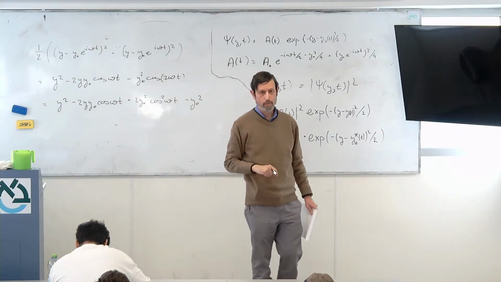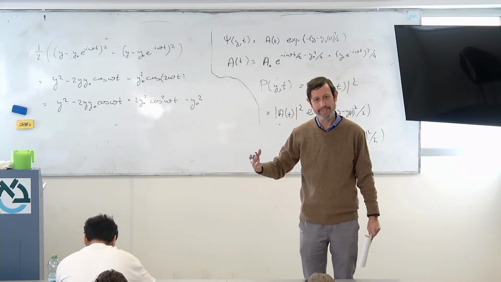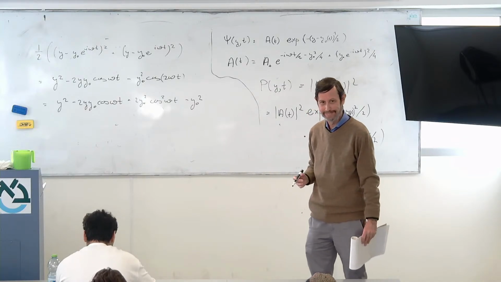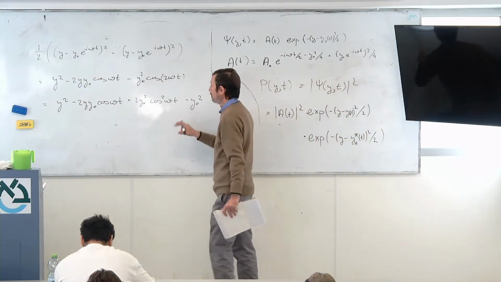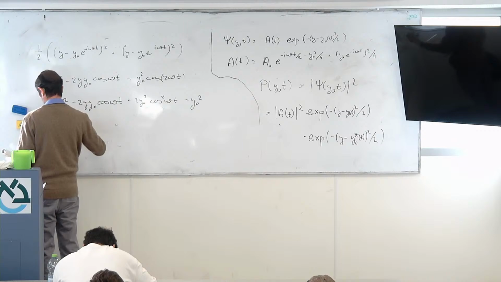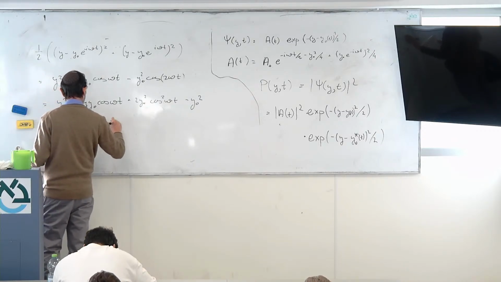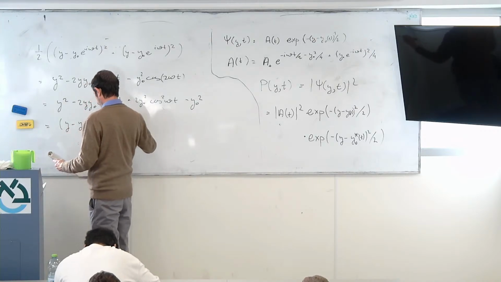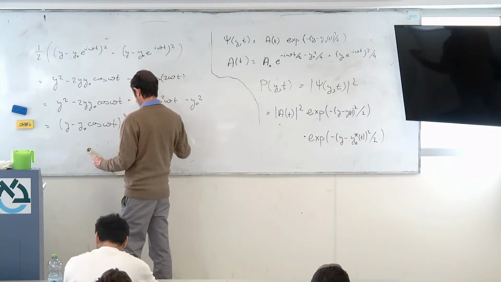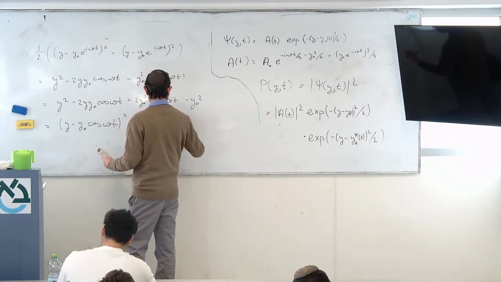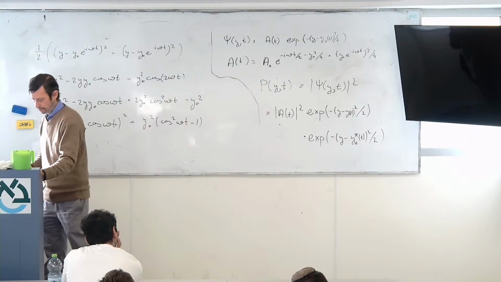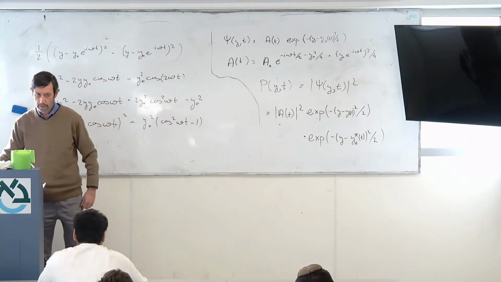Okay, just the well-known connection between cosine 2 alpha is minus 2 cosine square alpha plus 1.